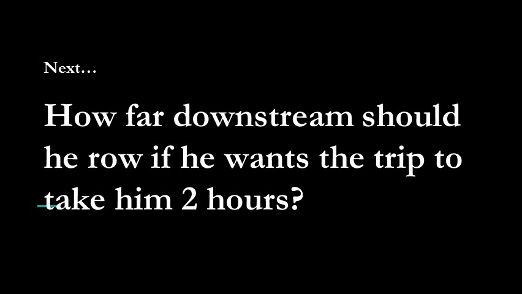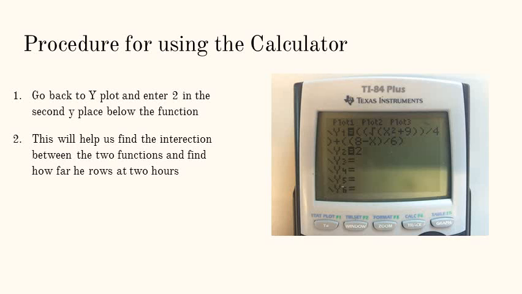Now that we have found the minimum time it takes him to reach point B, we need to find how far downstream he should row if he wants the trip to last 2 hours. To find this, we are going to go back to the Y plot and enter 2 in the second Y place below our function.